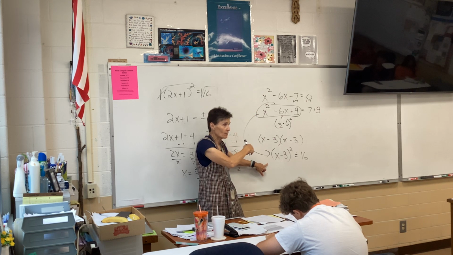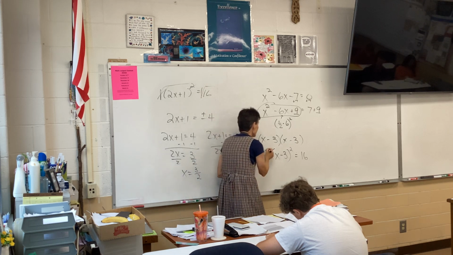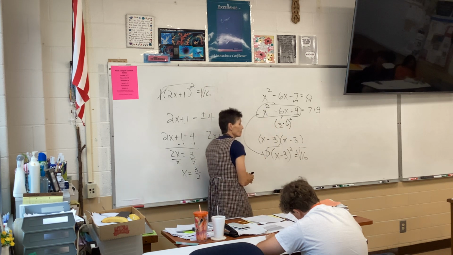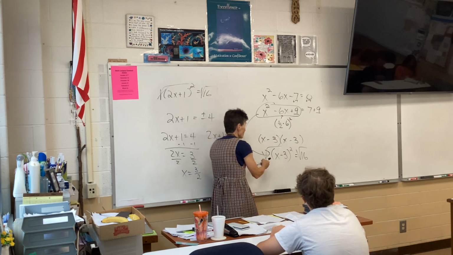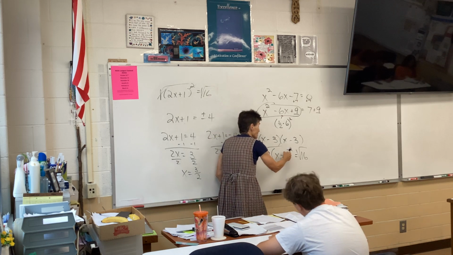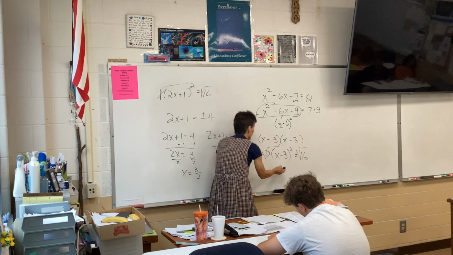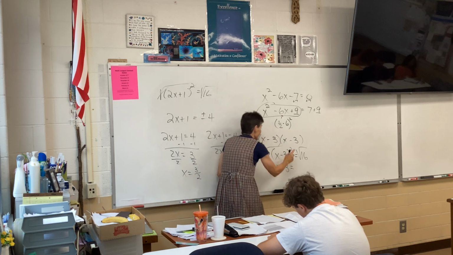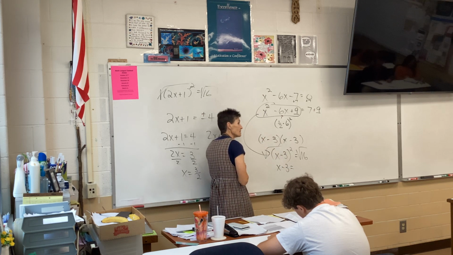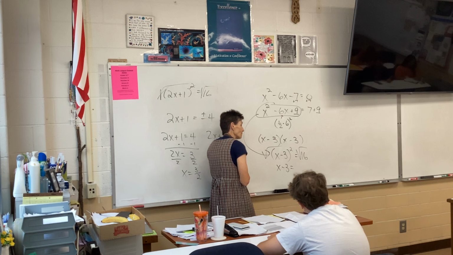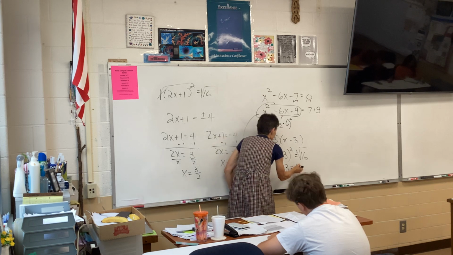So what do you think I'm going to do now? Square root both sides. And the square root of x minus 3 squared is x minus 3. And the square root of 16 is, watch it, plus or minus 4.